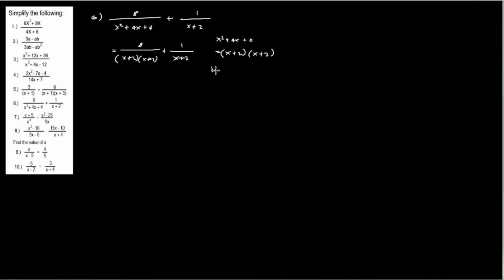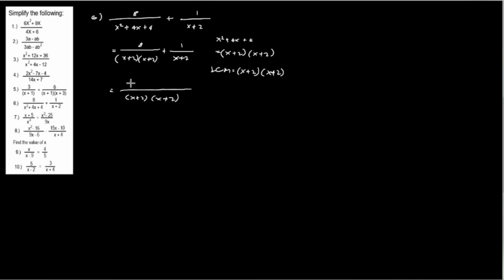And the LCM, x plus 2 and another x plus 2, and the LCM, x plus 2 times x plus 2, all over x plus 2 times x plus 2, and the value is 1.